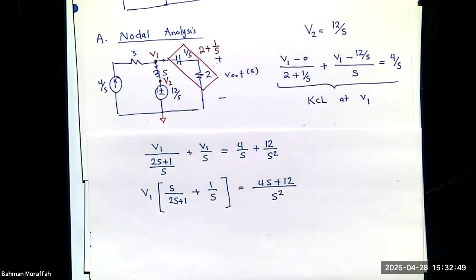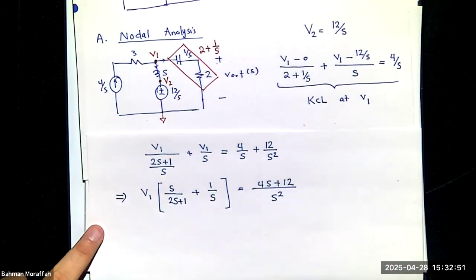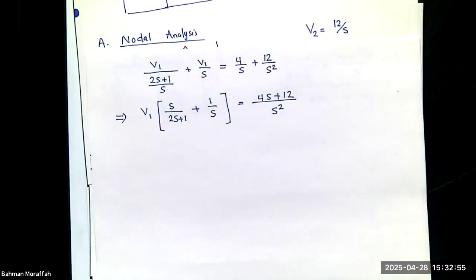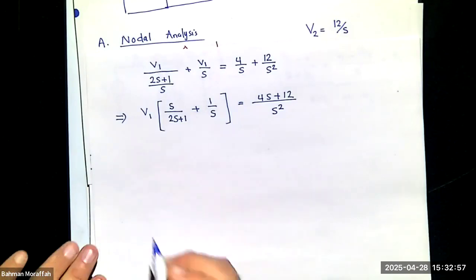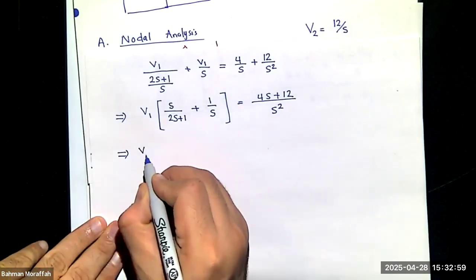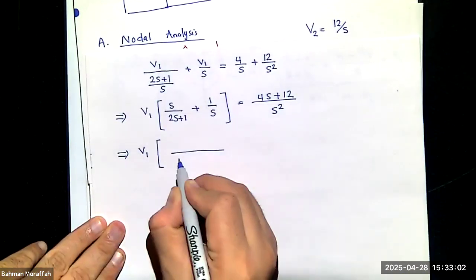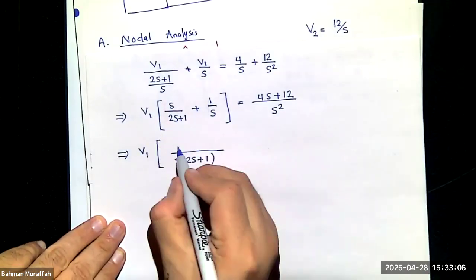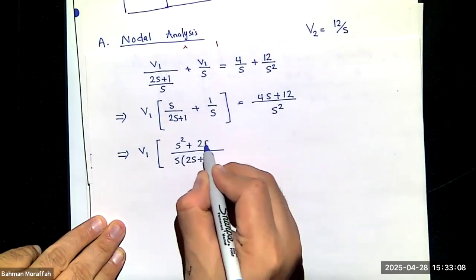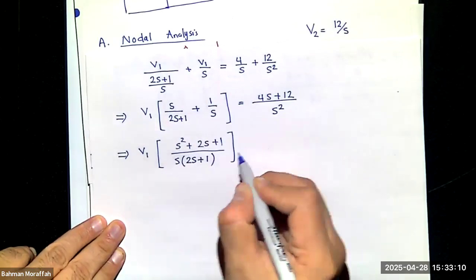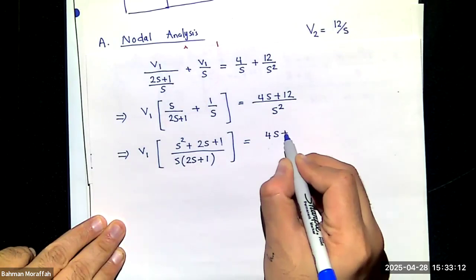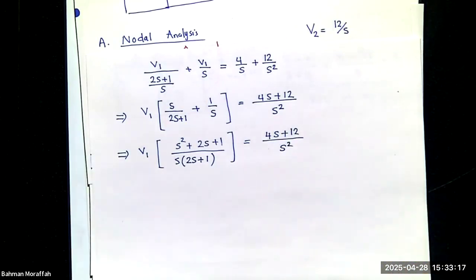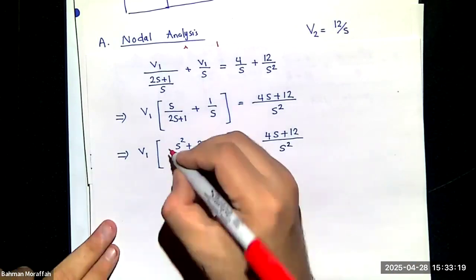Right? You with me? Yeah? Well, let's just simplify it a little more. I have V1 times (S squared plus 2S plus 1) over S times (2S plus 1) equals (4S plus 12) divided by S squared. What is this?